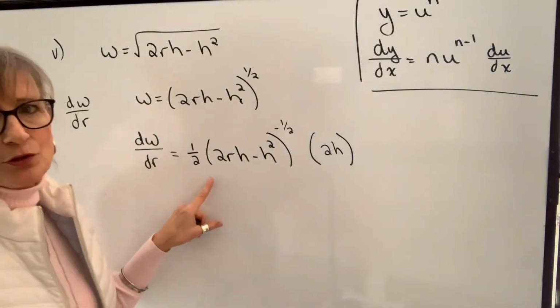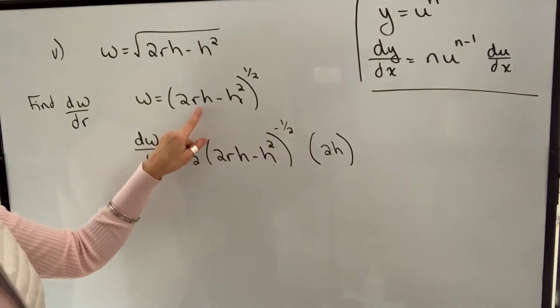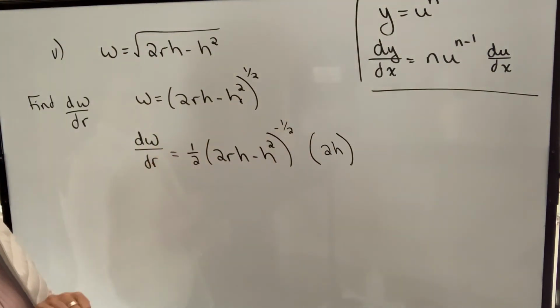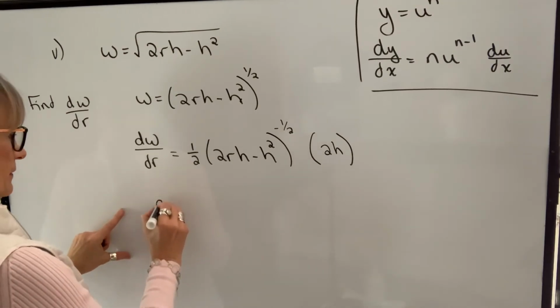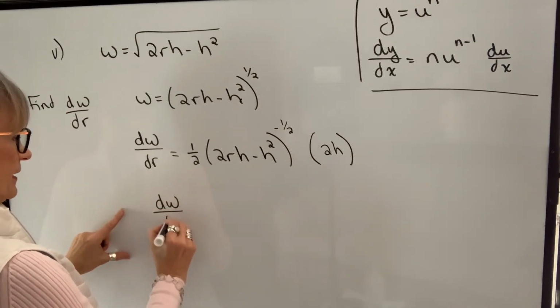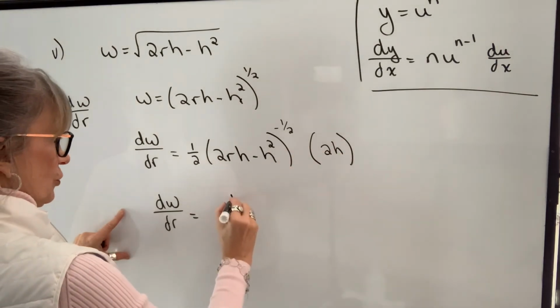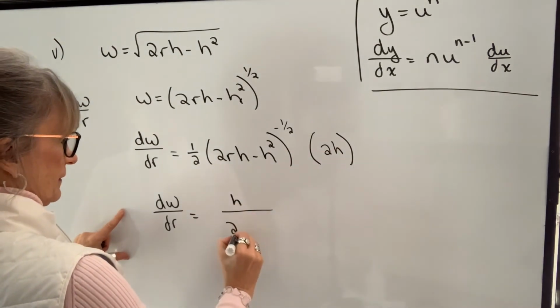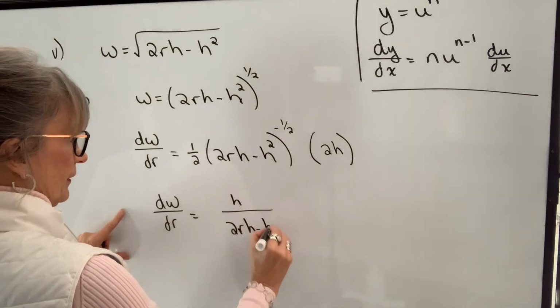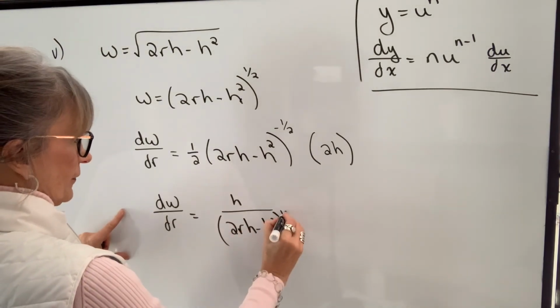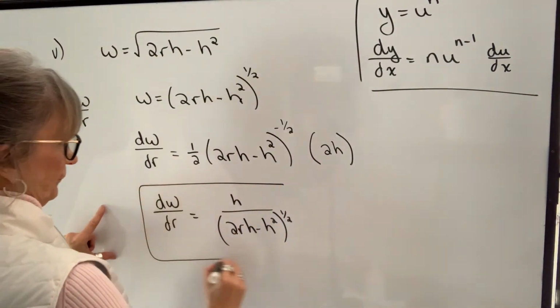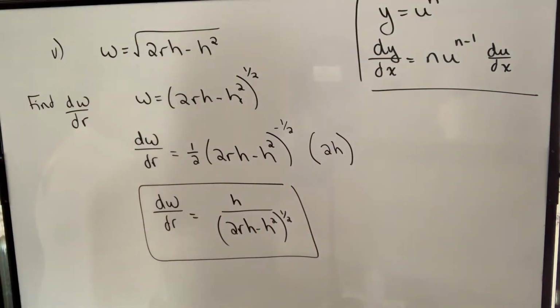So that would be the derivative of inside with respect to r, treating h as a constant. I would clean this up. 1/2 times 2 is 1 times h. And then I would put this power in the denominator so that I could have positive exponents. That would be the derivative with respect to r.